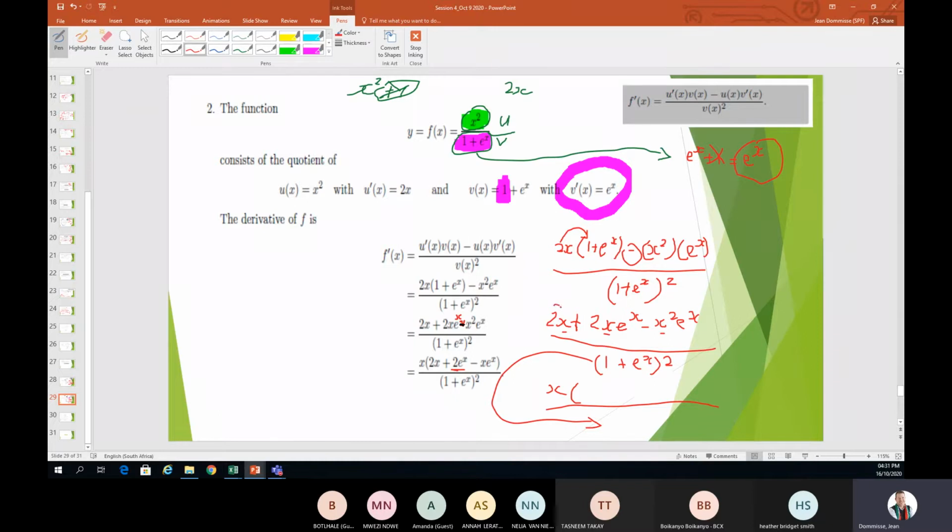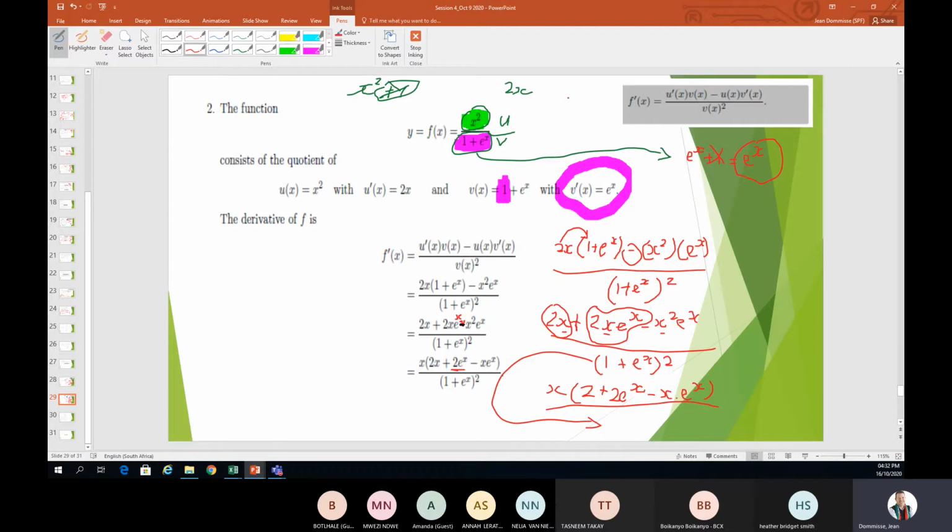So what's left in that one, if we take out the x, is a 2. What's left in that one, when we take out the x, is 2e to the power of x. And what's left here, if we take out x, is basically e to the power of x. And then you will see that will be the same.